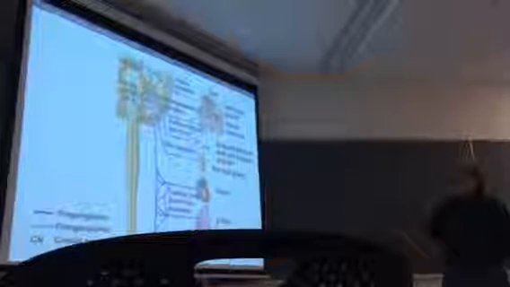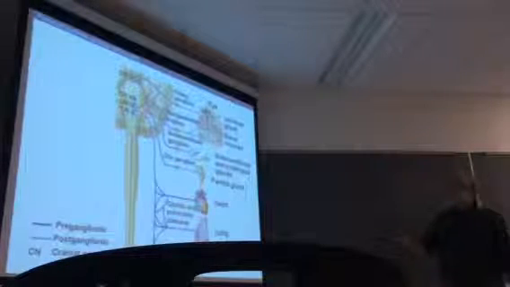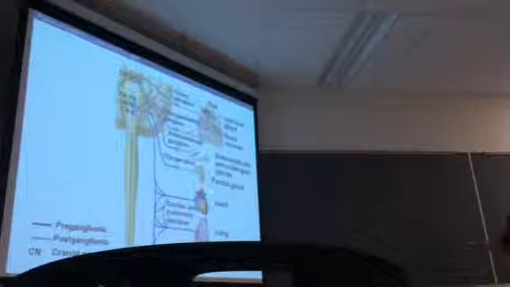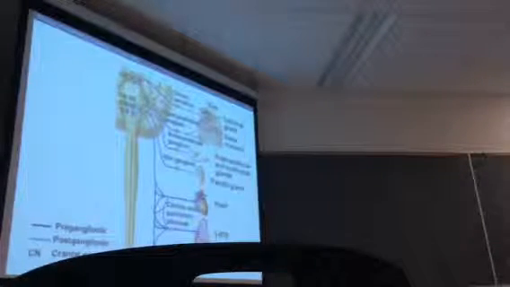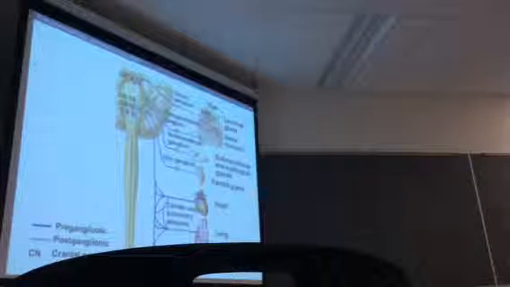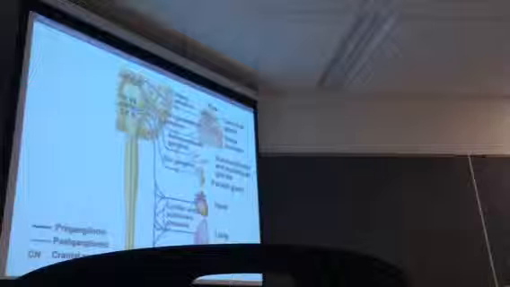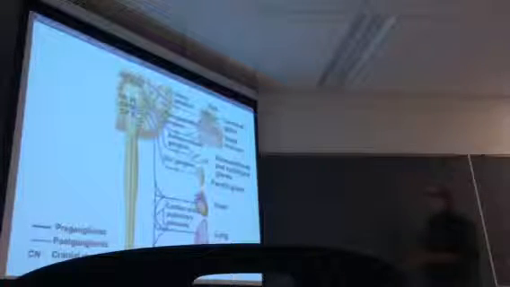Pterygopalatine ganglion, it comes from cranial nerve 7. Submandibular comes from cranial nerve 7. Otic, cranial nerve 9. Okay? You should know the targets. Cool? Questions?